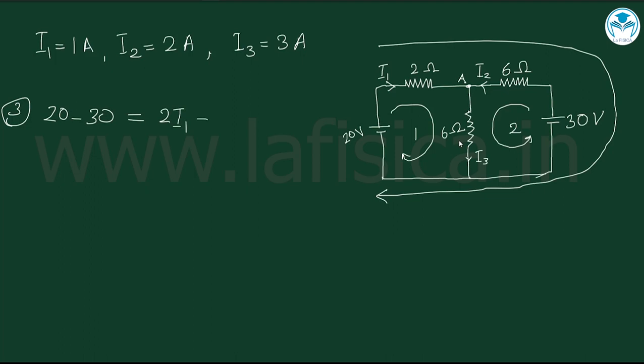Then I'll write minus 6I2. Let us put the values of I1 and I2 in this equation, which is equal to 2 into 1 minus 6 into 2, which is equal to minus 10.